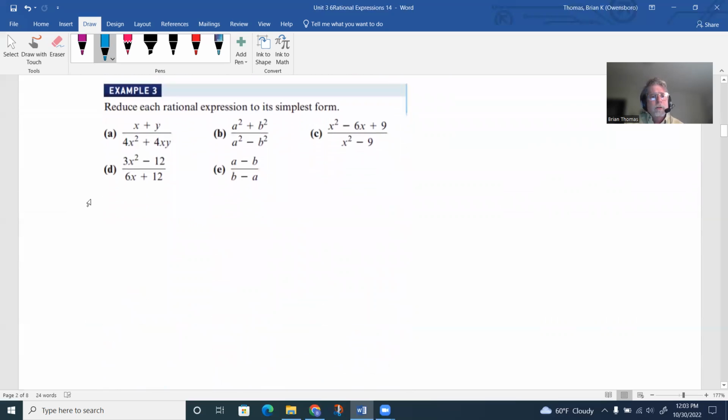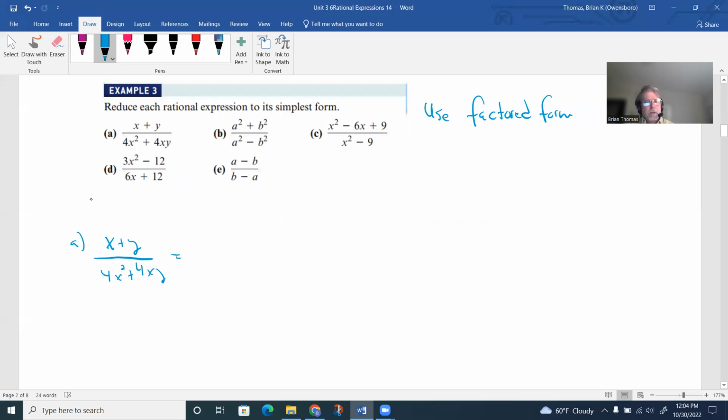So what we want to do is reduce these rational expressions. And the way we're going to do that is we're going to use factored form. So if we look at the numerator, the x plus y, I'm going to just write the problem: x plus y over 4x squared plus 4xy.